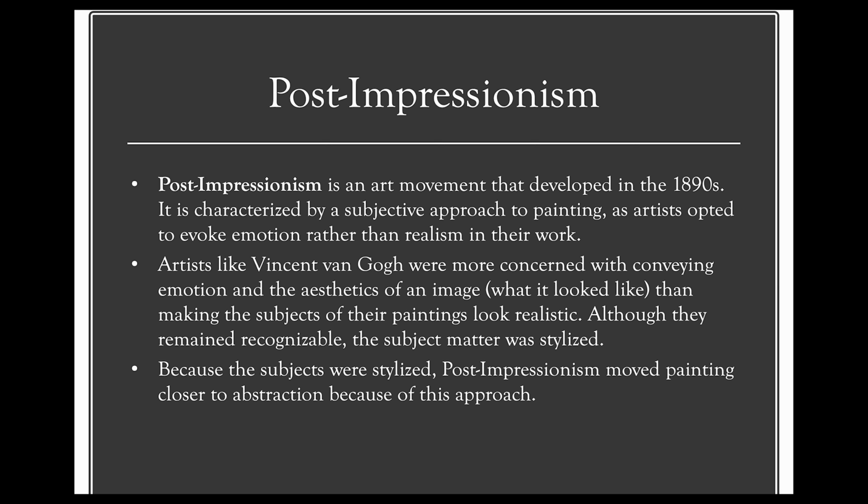It's more expressive as far as their color choices and the stylization of the image. And this was a move closer to abstraction. And then we see the abstraction getting more and more extreme as modern art progresses.